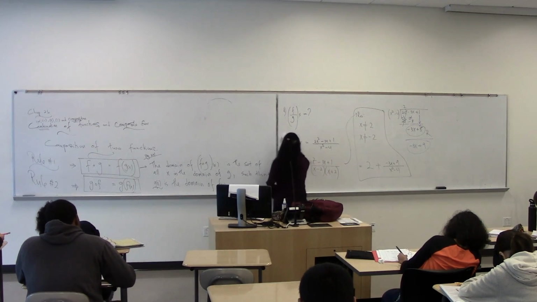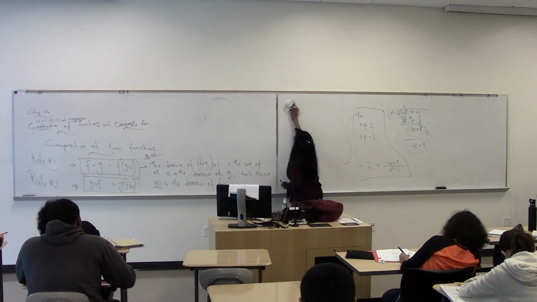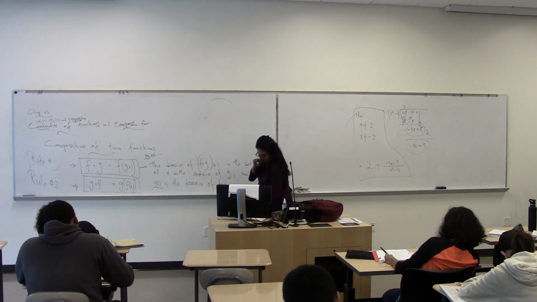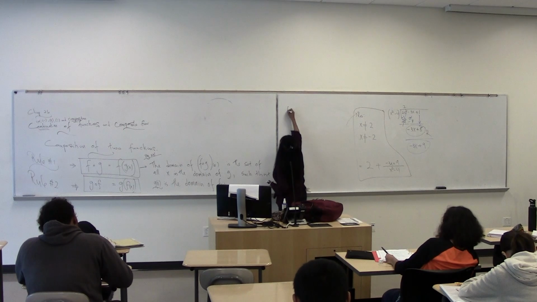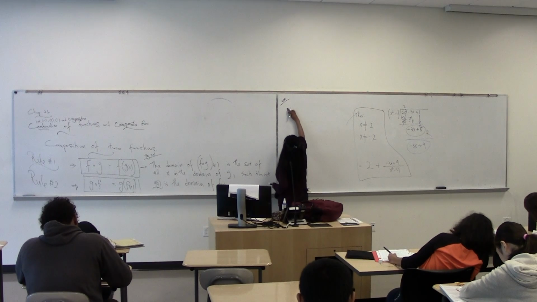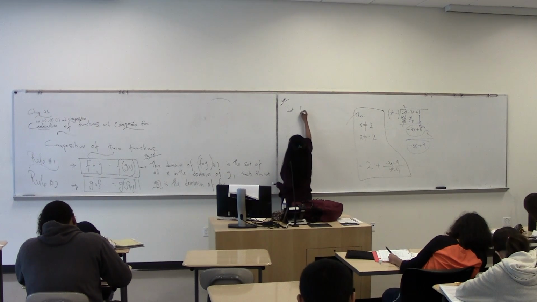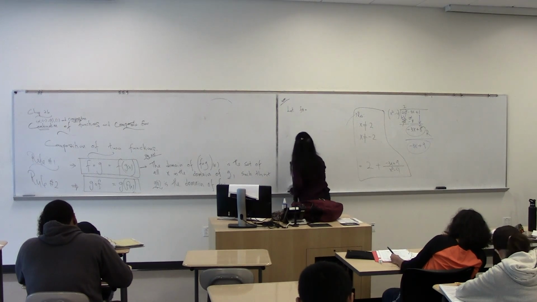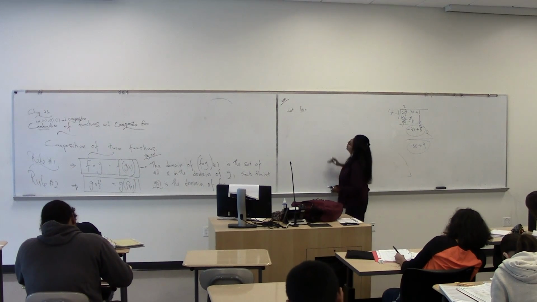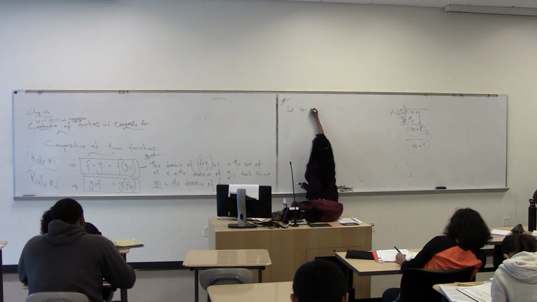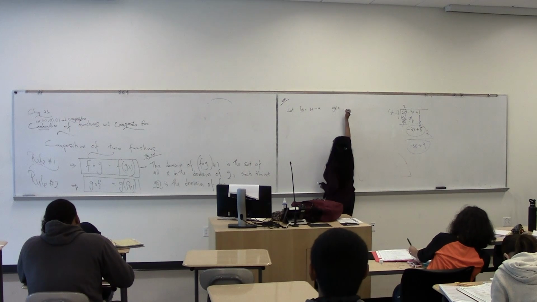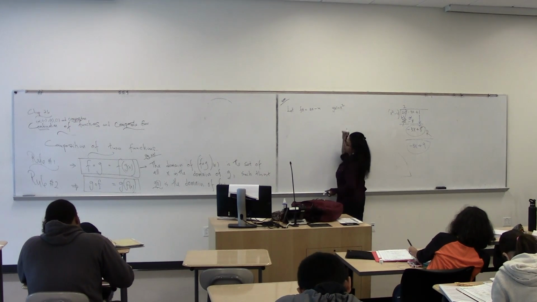So let me explain this. I will do an example for this. Example number 1: let f of x equal 3x minus 4 and g of x equal x squared.